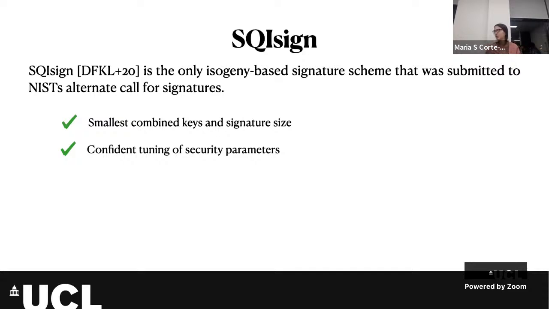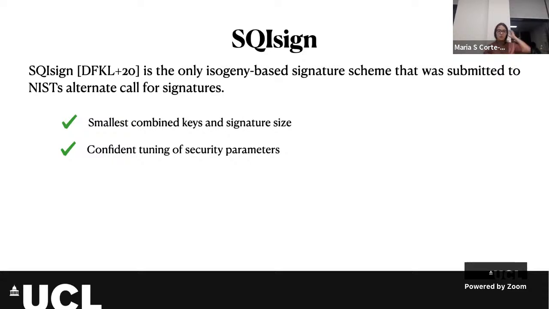The second, more important from a cryptographer's perspective, is that we can confidently tune security parameters. What I mean by this is that in lattice-based cryptography, the security of your primitive only reduces to some underlying hardness assumption very loosely. So the reduction between the security of your scheme and the underlying hardness assumption is very loose, and there's a loss in security there, which is hard to estimate concretely.